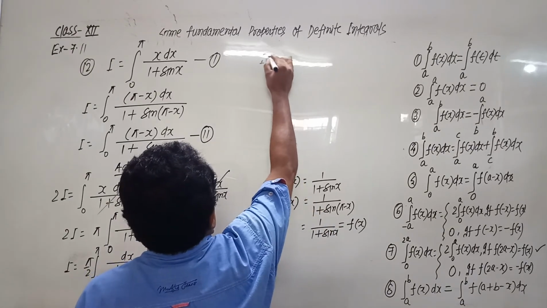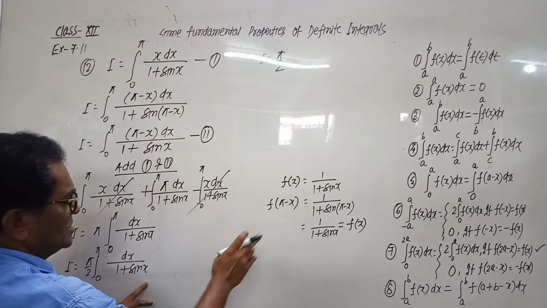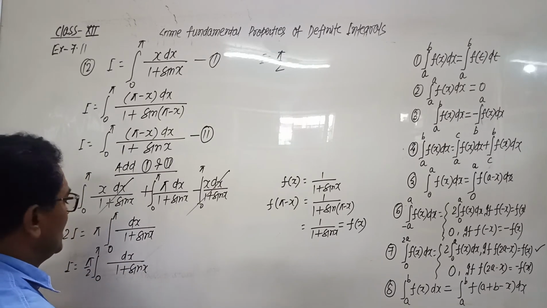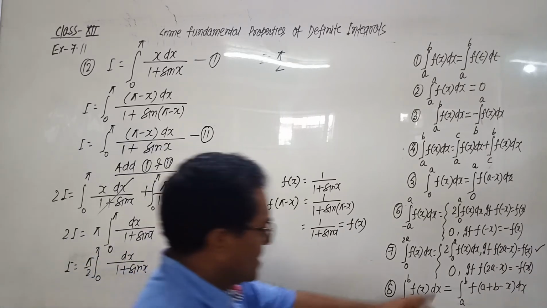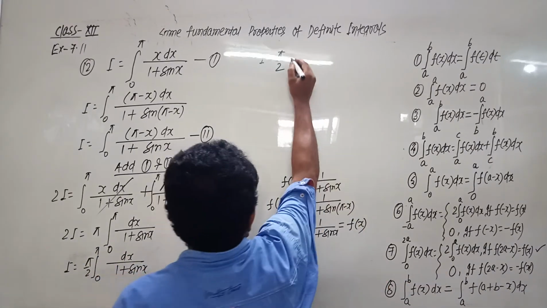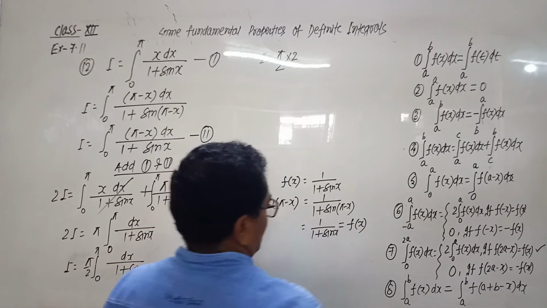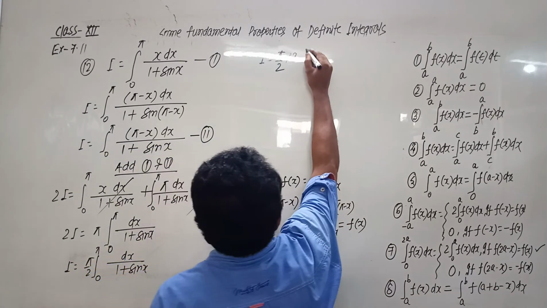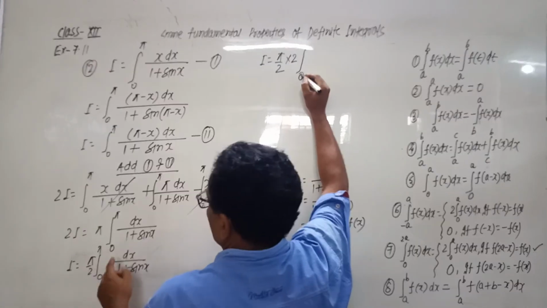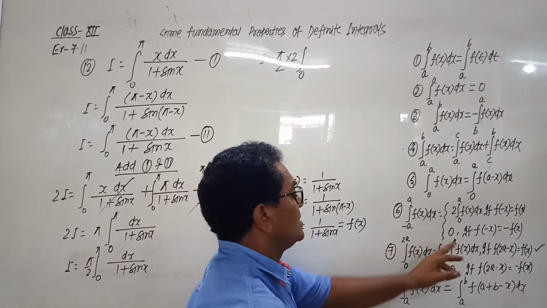So the same rule we use here. I equals, this was pi by 2, and when we are using property number 7, we have to multiply by 2 outside, so pi by 2 into 2, then integration 0 to a, with 2a divided by 2.